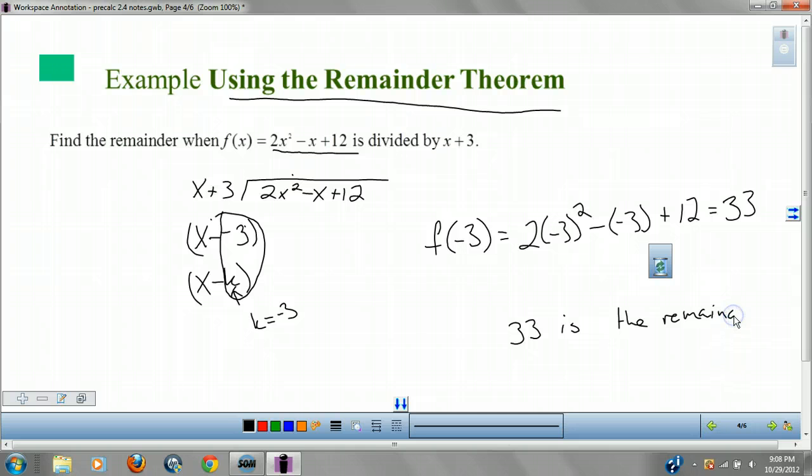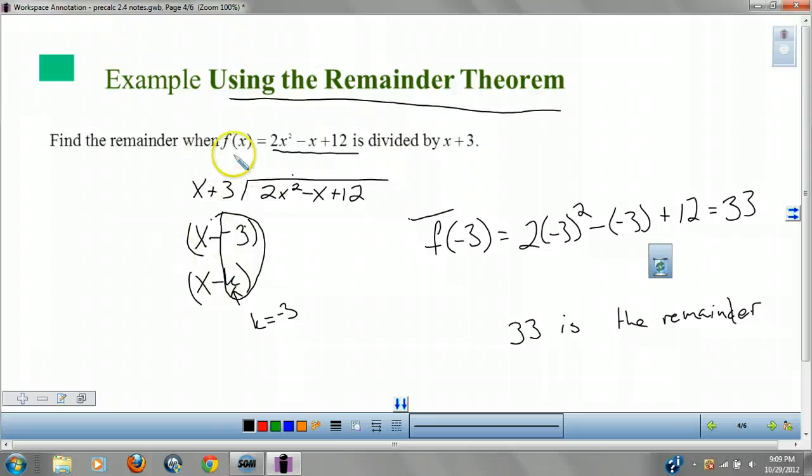Now this is really good when you're checking work. See if you did it right. I'll use my mouse to write this last little r. There we go. I'm going to explain to you why the remainder theorem works only for x minus k.